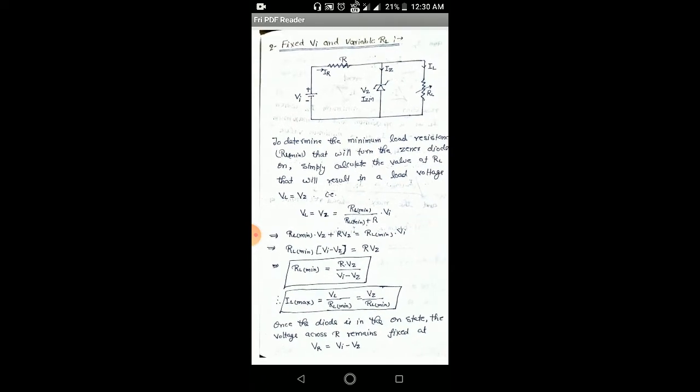Since at RL minimum, the maximum current passes through the load resistor, IL maximum equal to VL upon RL minimum. VL can be written as VZ, so that is also equal to VZ upon RL minimum. Once the diode is in the on state, the voltage across the R remains fixed at VR equal to VI minus VZ.